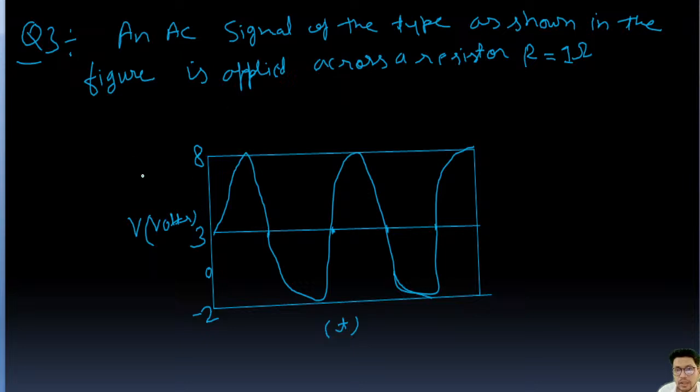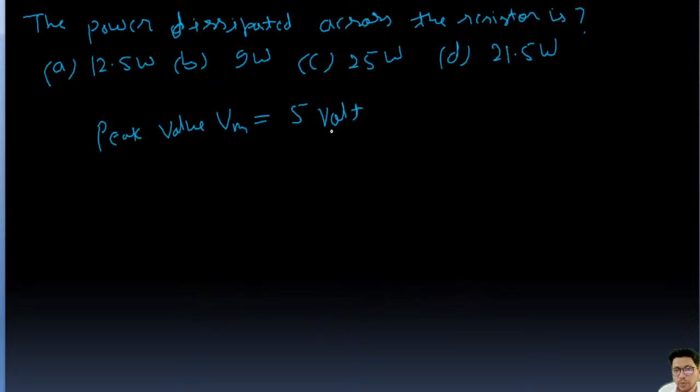Now we know the peak voltage, so we can easily find the Vrms value. Vrms is the peak voltage Vm upon root 2, so this is going to be 5 upon root 2.